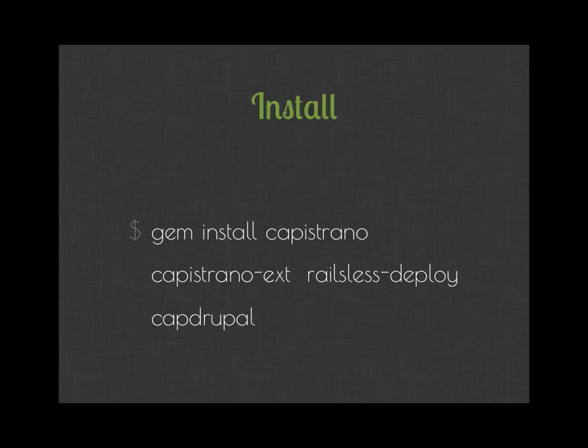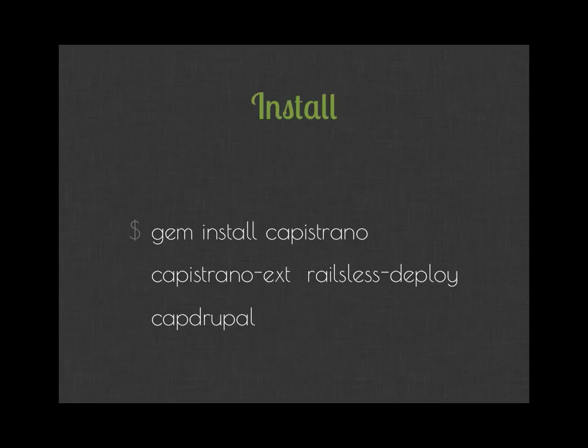So first of all, we need Capistrano, but we also need some extra things like Railsless deploy. In version 2 of Capistrano, it's necessary to explicitly say that your web application is not going to use Ruby on Rails, but something else. That's something they changed in version 3, so now in case you're doing Ruby on Rails, you have to say that your code is in Ruby on Rails, but for us it's not necessary.